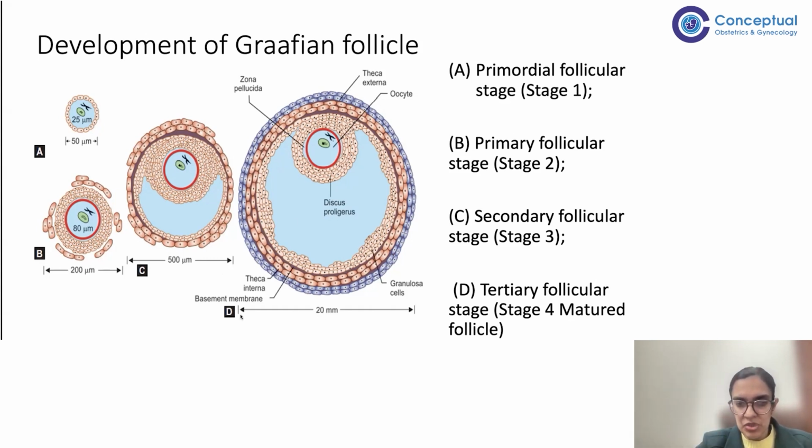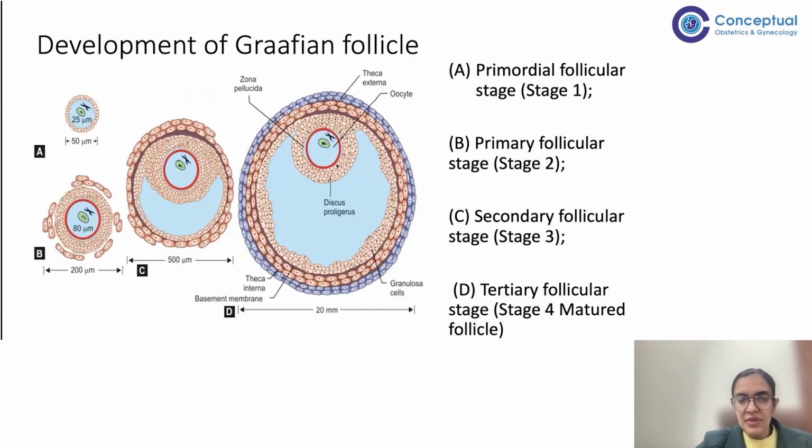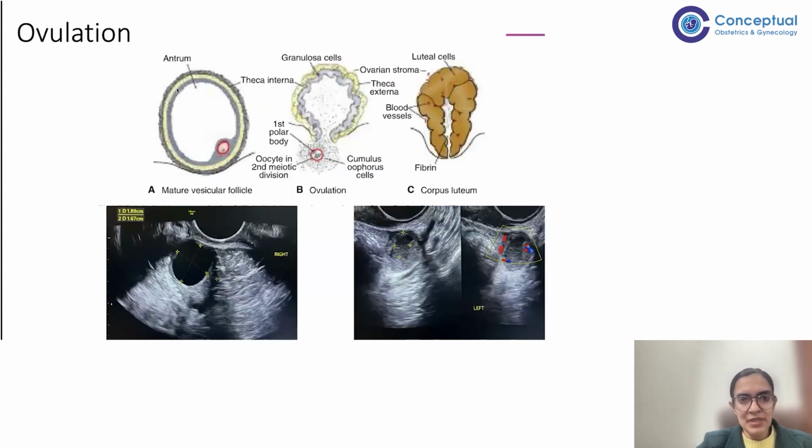And this mature follicle may be around 2 centimeters, 20 mm. So this is what we see, right? And then the one which has become dominant, the tertiary follicle, now will be ready for ovulation. So this is the ultrasound picture of a mature vesicular follicle or the Graafian follicle.